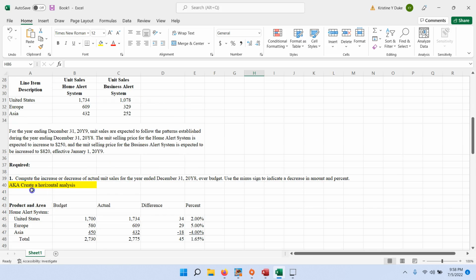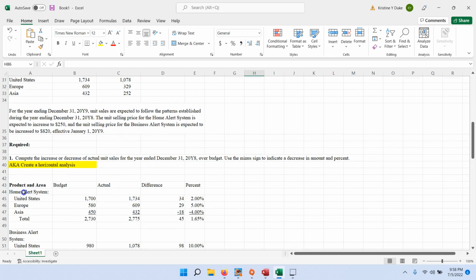I'm going to tell you basically the easiest way to complete the first part of this problem is to create a horizontal analysis. So here's my budget, here's my actual, and here's my difference. My actual minus budget is 34 units. Then I take that 34 units and divide it by 1700 and I get 2%.